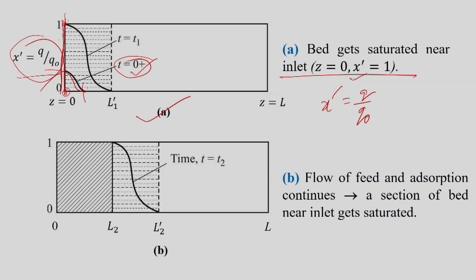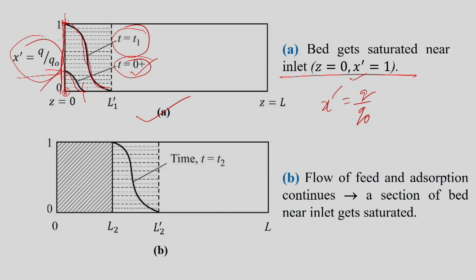If we go on increasing the feed entering, then what will happen when t is equal to t 1? At one particular point, this is the profile of x prime with distance L from the entry point of the fixed bed. So this type of profile will be there.